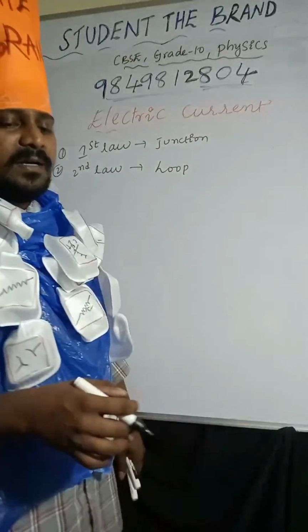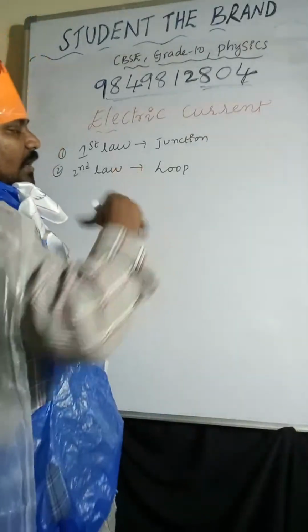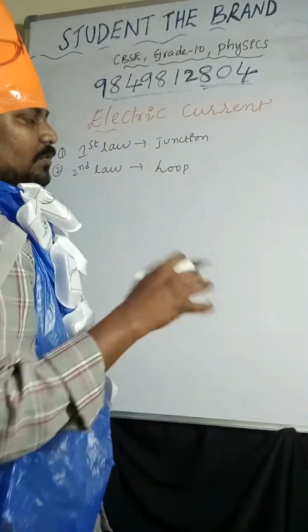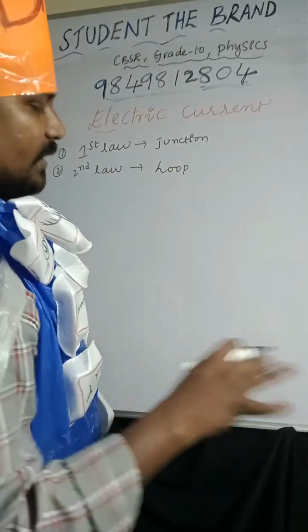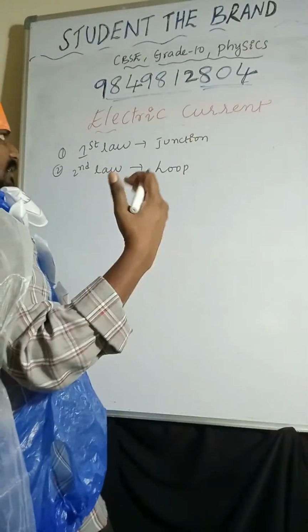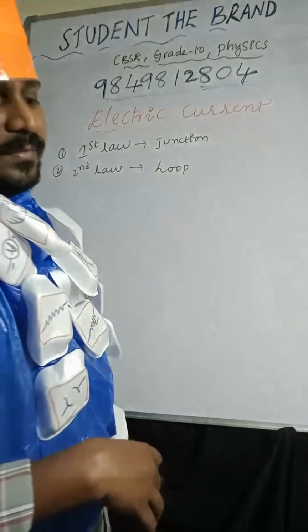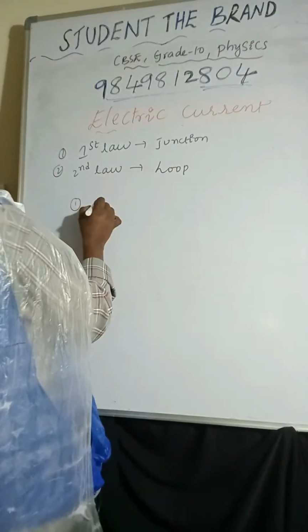Junction is nothing but a point in the circuit where two or three conductors meet at one point in a circuit, that is called junction. Loop is any closed conducting path.